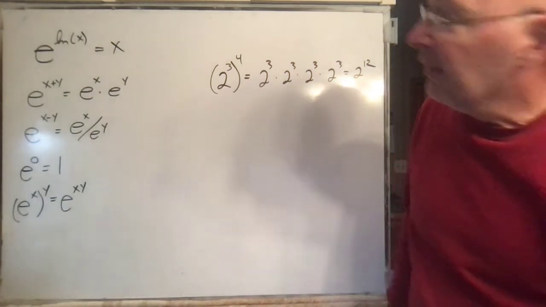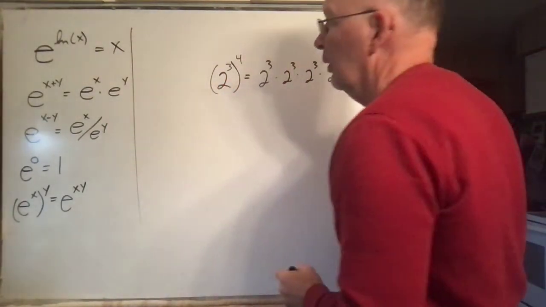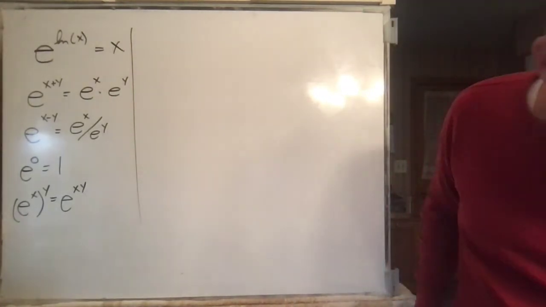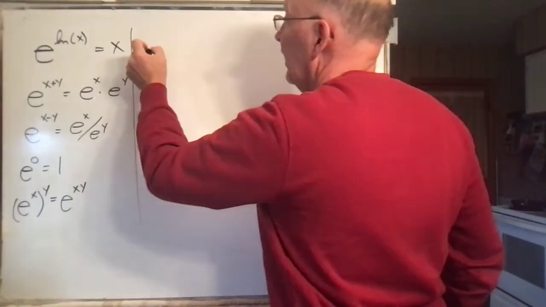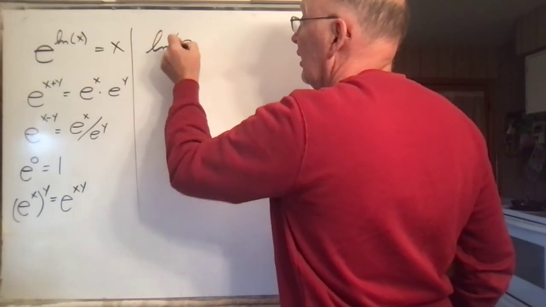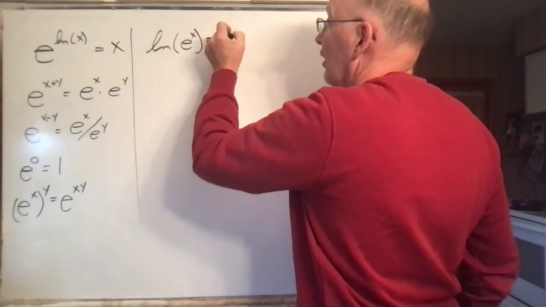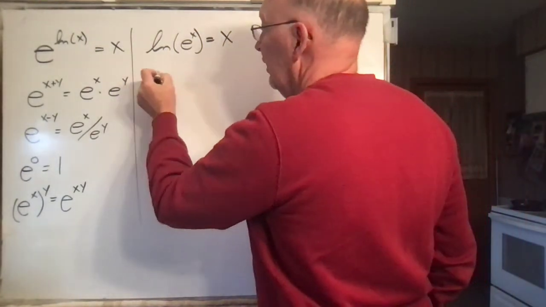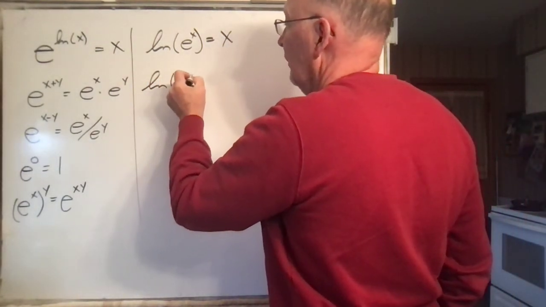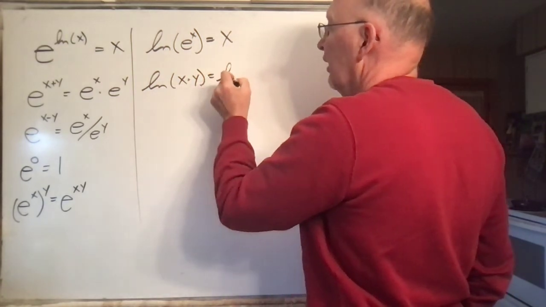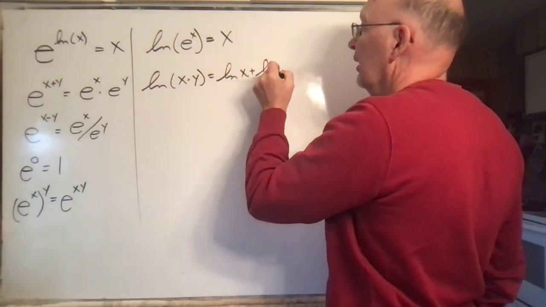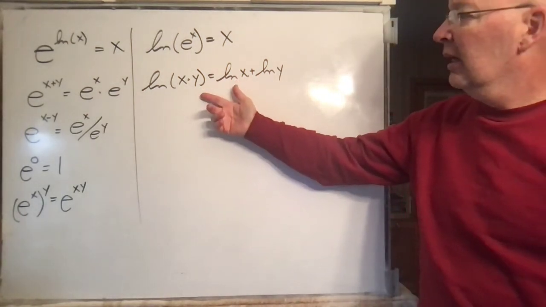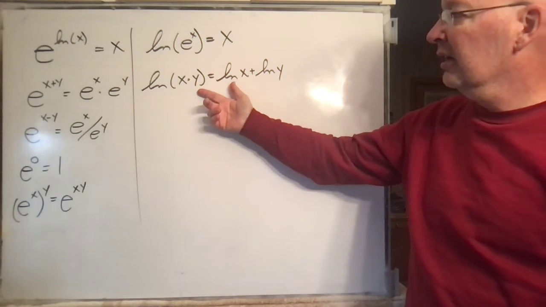Okay? Then, what are the corresponding properties of the ln function, of the natural log? Again, they undo each other, so that's just equal to x. The ln of x times y is equal to the ln of x plus the ln of y. And by the way, if you want to see a proof of this, I think I prove it back in my Essentials of Calculus, Calc 1.